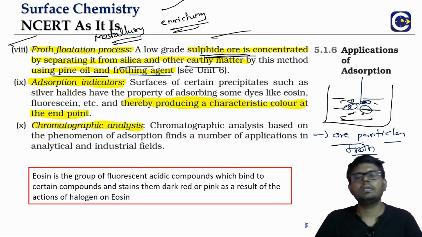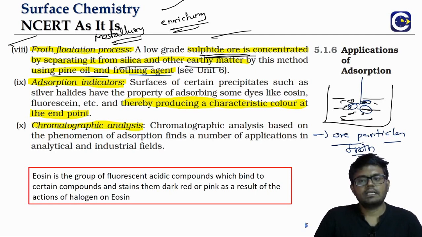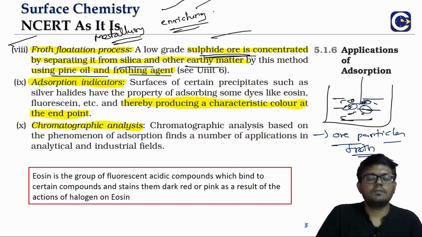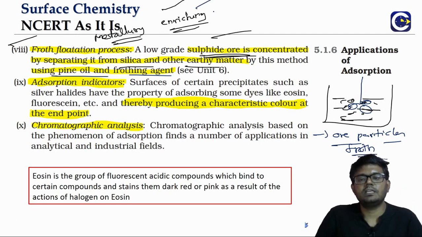So we will talk about how the froth flotation process exactly works. So that is a method for the enriching of the ore that is used particularly for the sulfide ore.